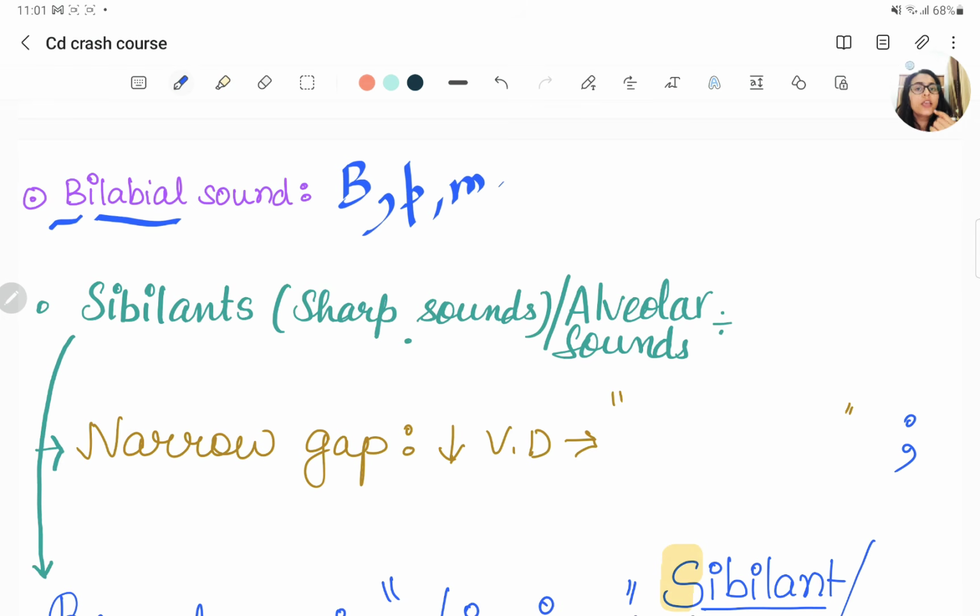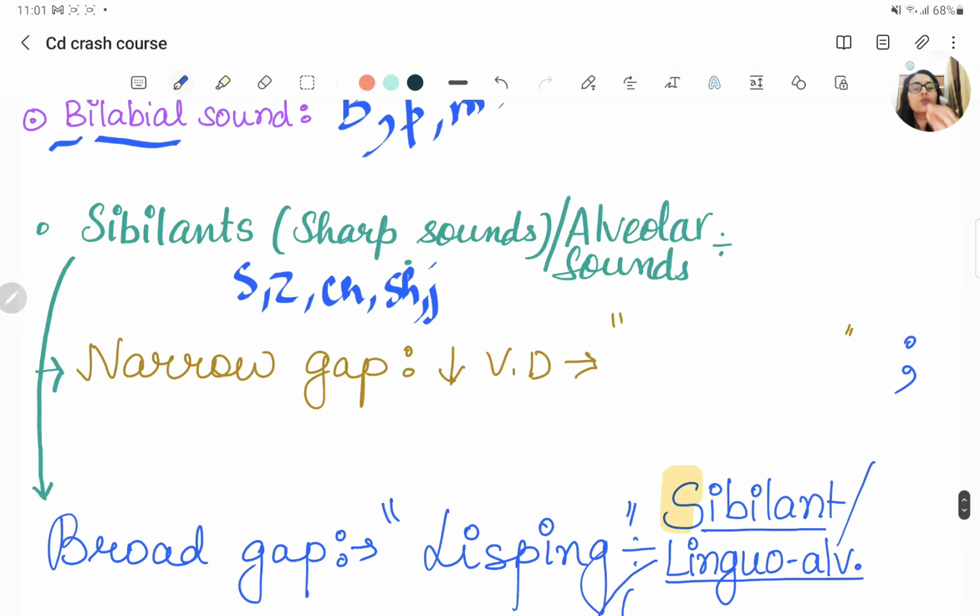If you have reduced the VD, the upper teeth will touch the lower teeth, and the person won't be able to pronounce S because you have reduced the closest speaking space. So the closest speaking space is determined by the sibilants, words like S, Z, sh, and j. All these are known as sibilant sounds.